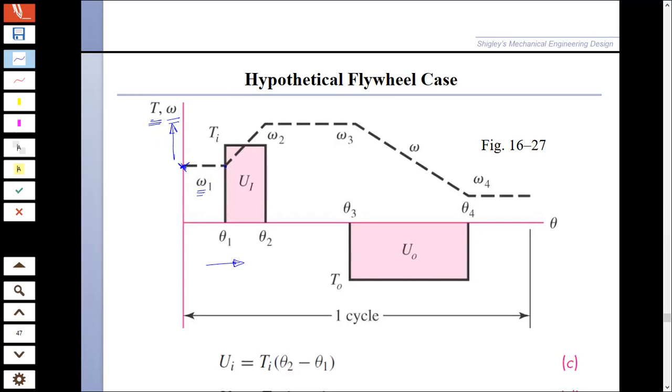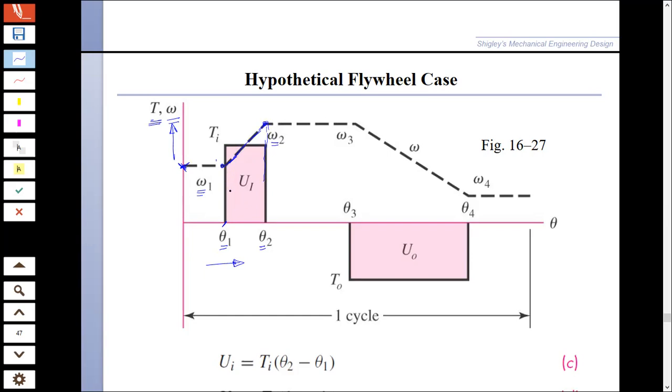And it stays omega 1 until there is a power stroke, let's say, and that power stroke starts at some theta 1, and it terminates at theta 2, rising this velocity to another level, which is omega 2, right? So that goes to omega 2 during the power stroke.